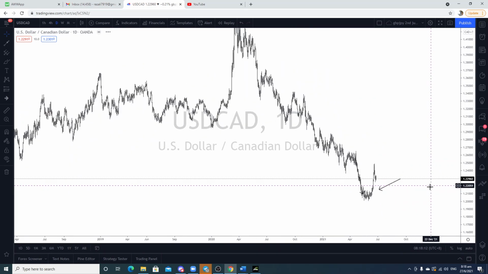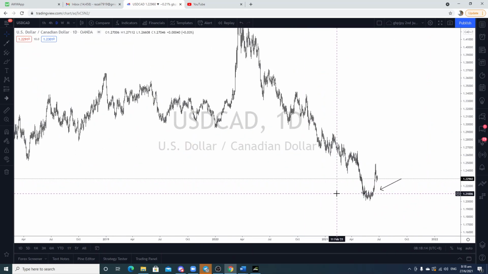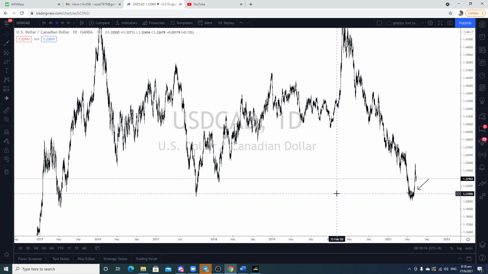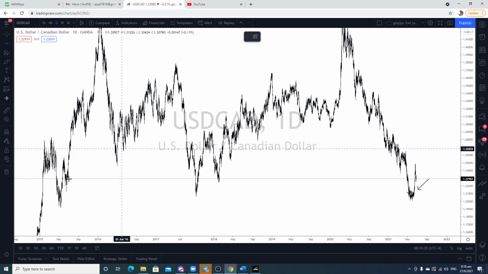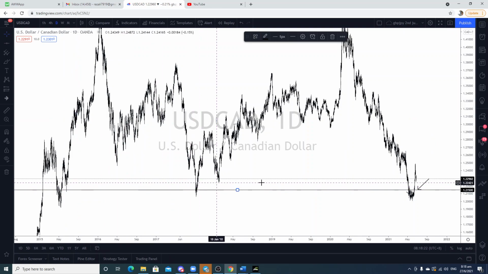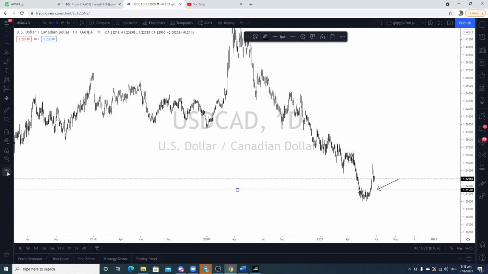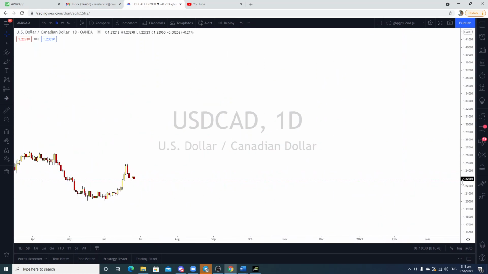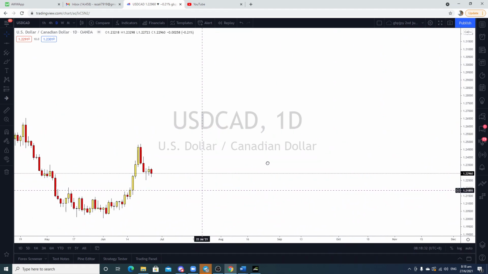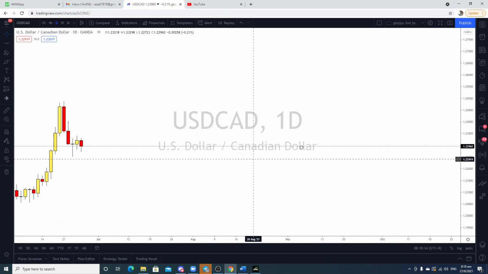Don't look at too big a picture when you want to analyze your charts. Some people even take, oh, there's a resistance here. It doesn't matter. Like The Rock said, it doesn't matter. What is more important right now, when you look at a daily trend, when you look at the markets, is what this move is.